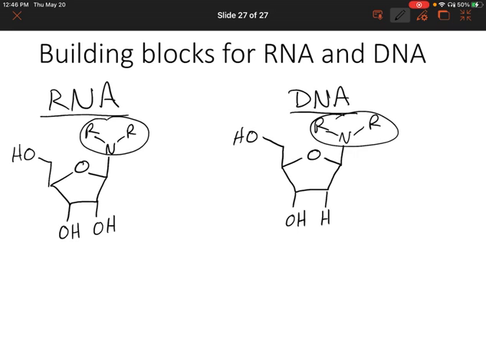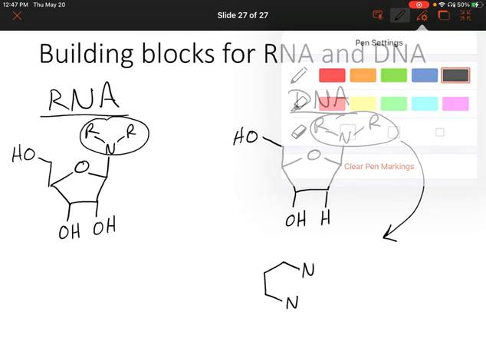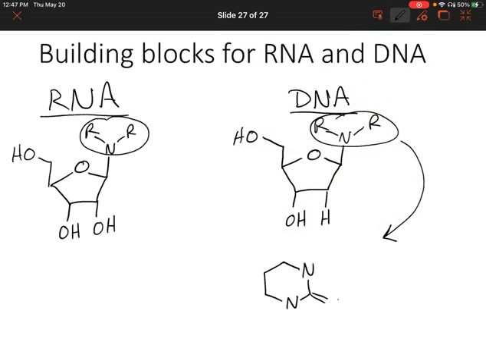So for DNA, that nitrogen-containing group could either be something called cytosine, which is, let's see, it looks like this. Oh, whoops, I missed a carbon. Let me draw in another carbon here. And it has an amino group on top. So this is cytosine.